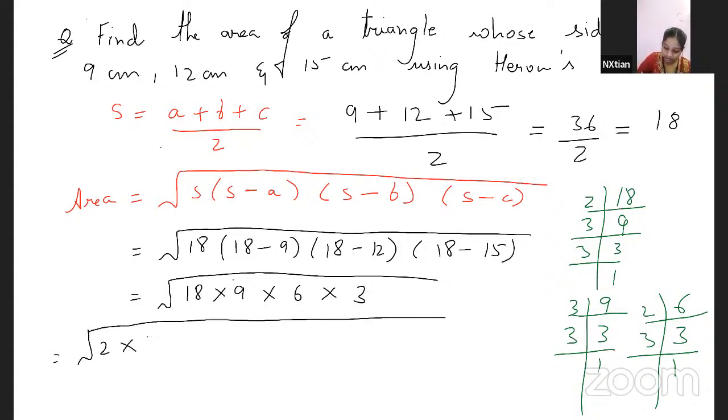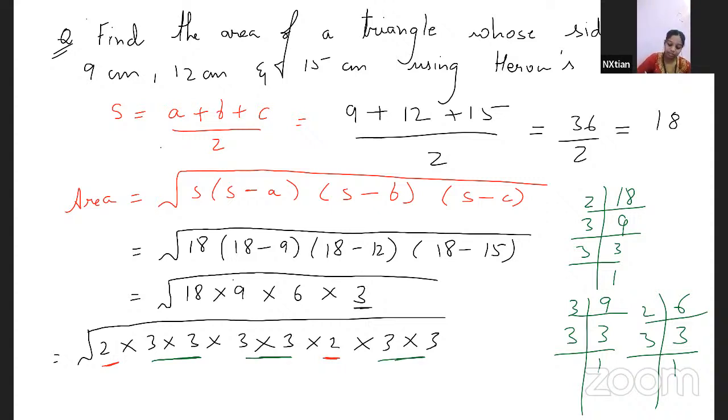2 into 3 into 3 into 3 into 3 into 2 into 3 and one more 3 by 3. Okay, as it is. Now make pairs. 2 into 2, 3 into 3 into 3. Yes, then 3, 3 and 3.